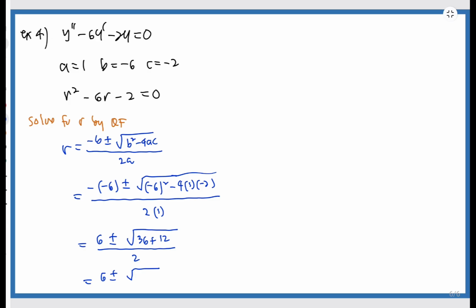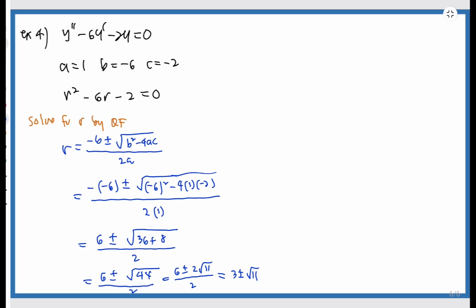What's 36 plus 8? 44, all over 2. So we have 6 plus minus, what's 44? 4 times 11. 2 square root of 11 all over 2. So 2 is common. So we can factor out 2. We're left with 3 plus minus square root of 11.